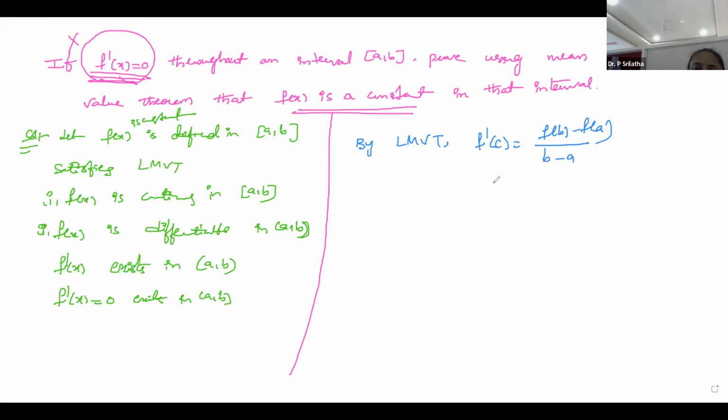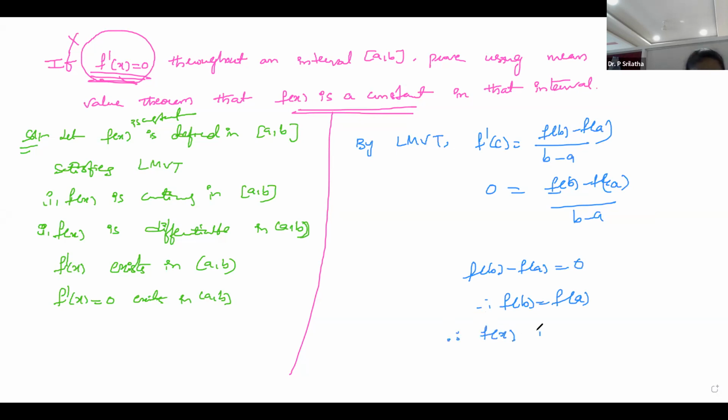So f dash of c is 0, and from that we can write f of b minus f of a equal to 0, that is f of b equal to f of a. So from this we can conclude that f of x is a constant. Then only the constant differentiation will be 0.